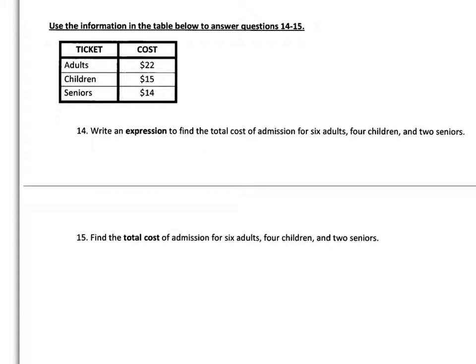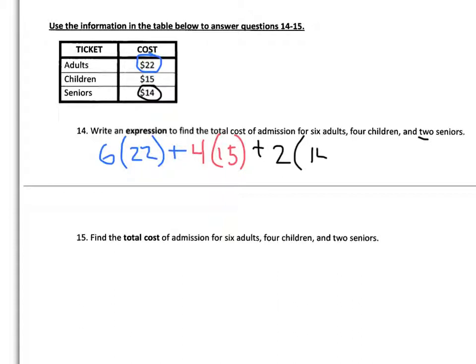Okay, so we know 6 adults, so 6 times an adult is 22, plus 4 children, so 4 times 15, and plus 2 seniors. So 2 times seniors cost 14.